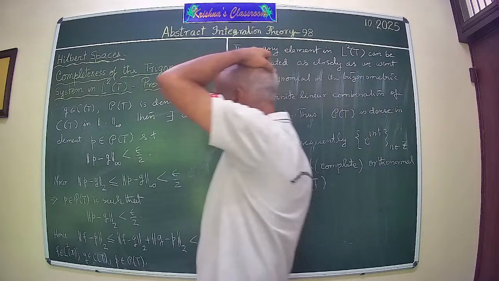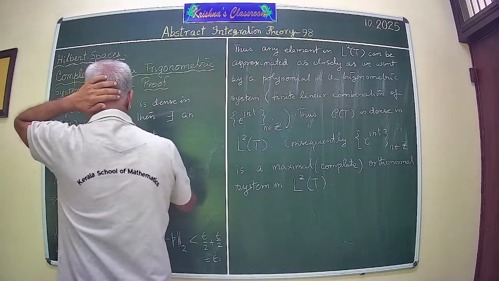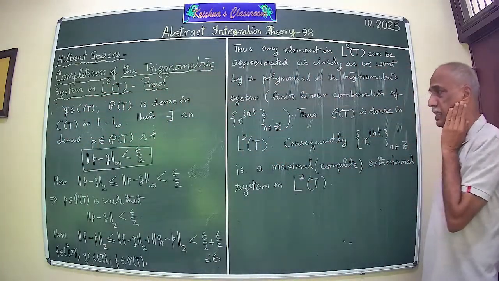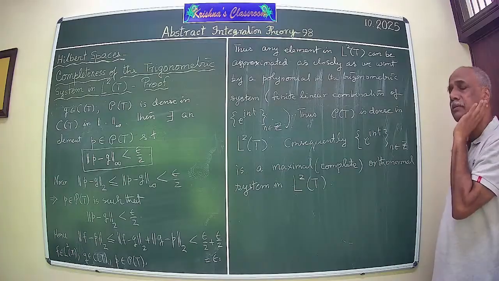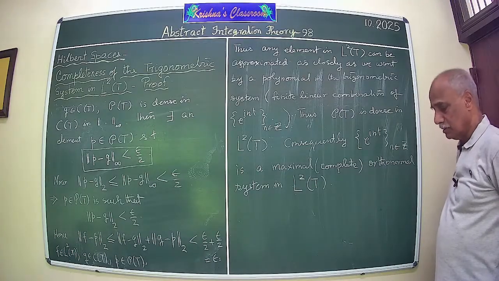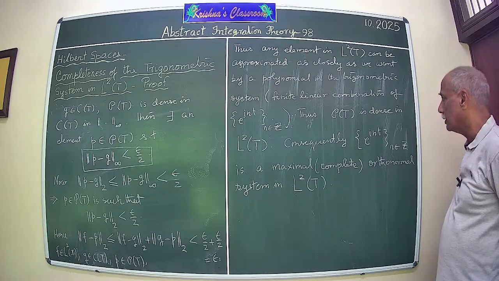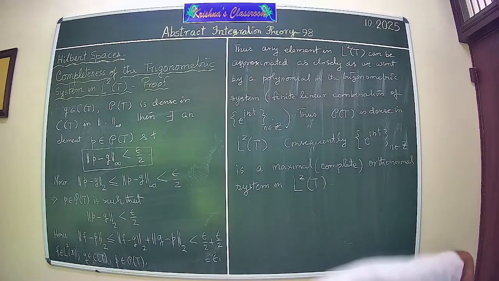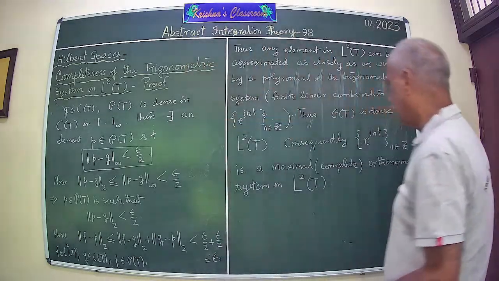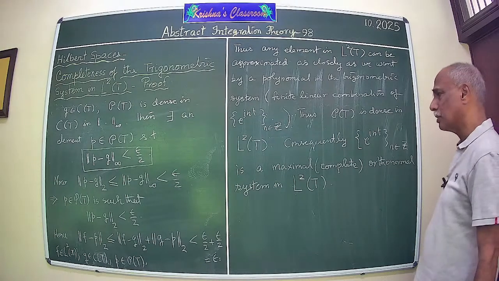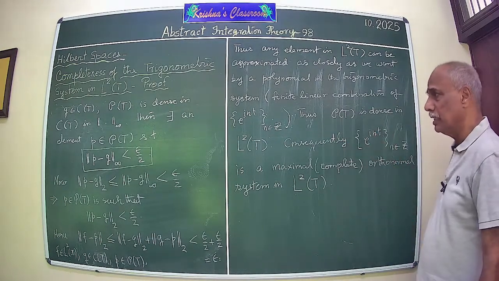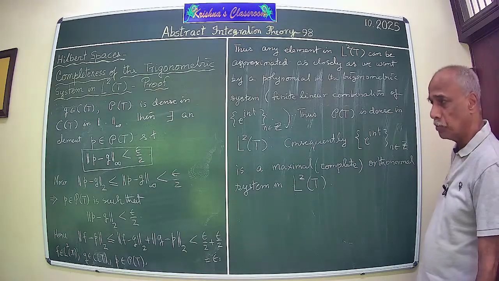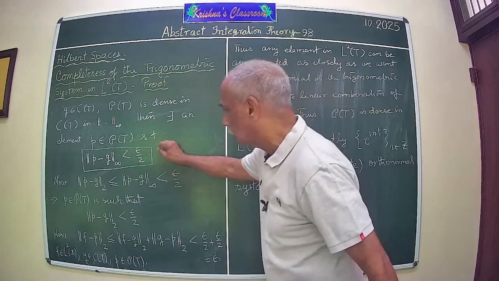This is so provided you can prove this: given g belonging to C(T), there is a trigonometric polynomial, a finite linear combination of e to the power int, which lies as close as you want to the given g in C(T) in the realm of the sup norm. So that is what you want.